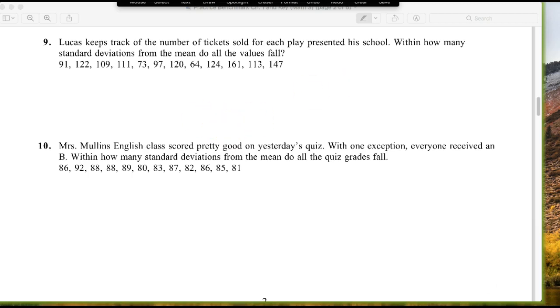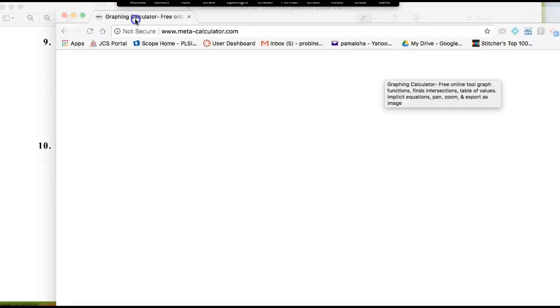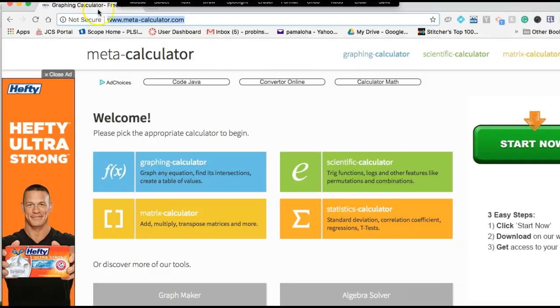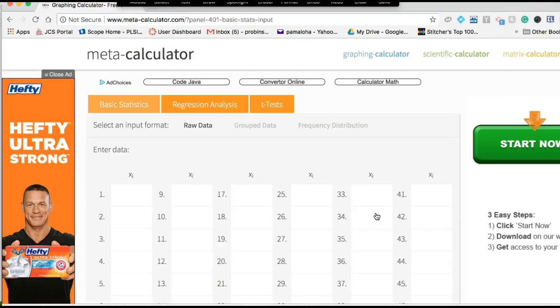Something that I think is super easy to do, go to metacalculator.com. I'm going to share that with you right now. If you pull up the statistics calculator, you can just input values and it'll find those values for you super quick instead of doing all the tedious calculations.